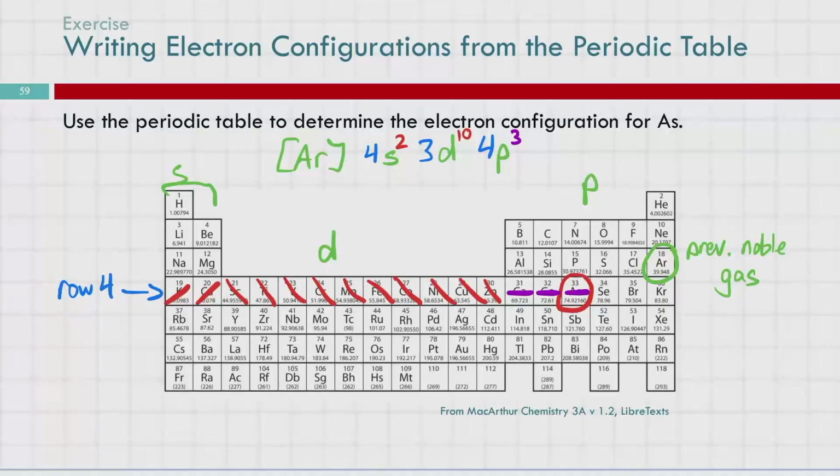It is 5. And it's 5 because we've got the highest n number. The highest number that shows up for our electron configuration here is 4. That's our highest n number. And we've got 2 plus 3 equals 5.